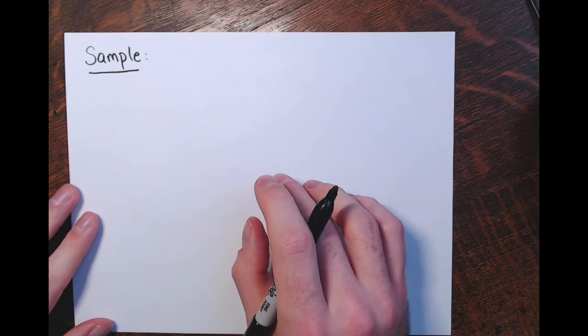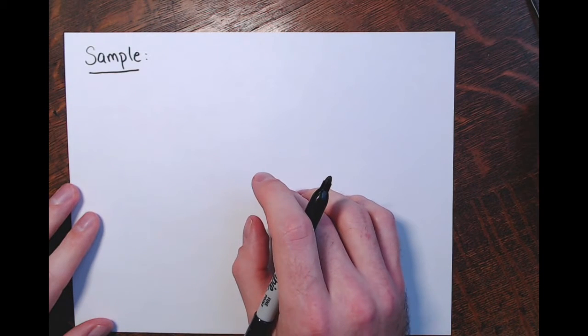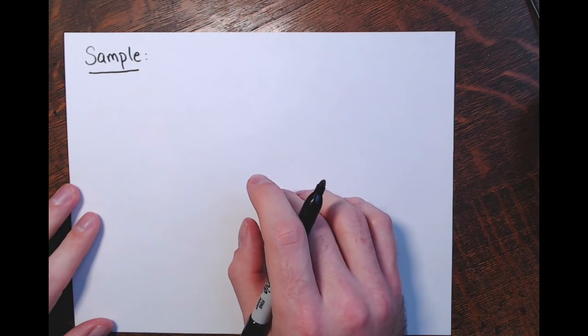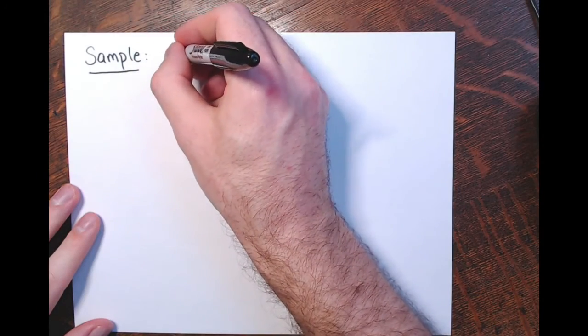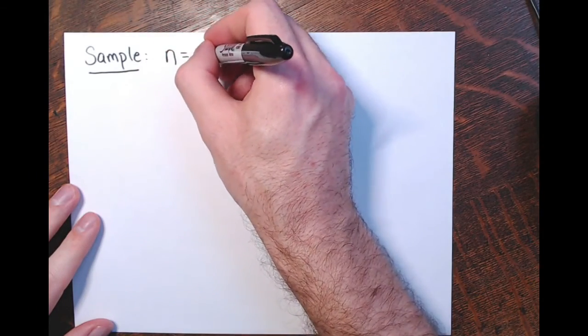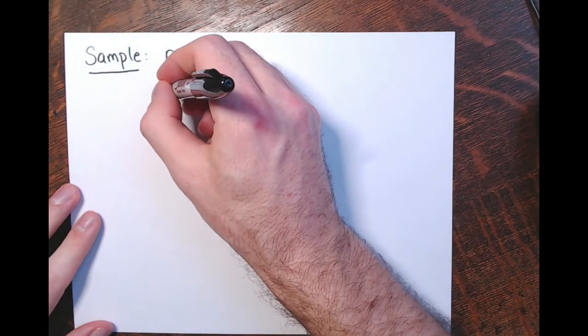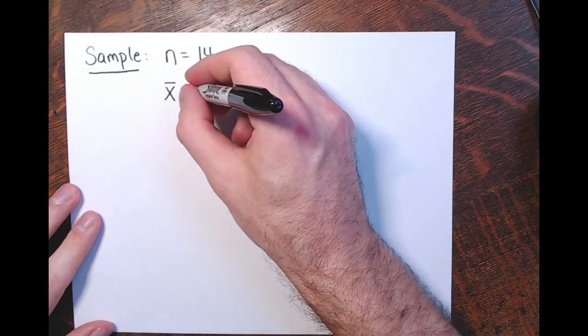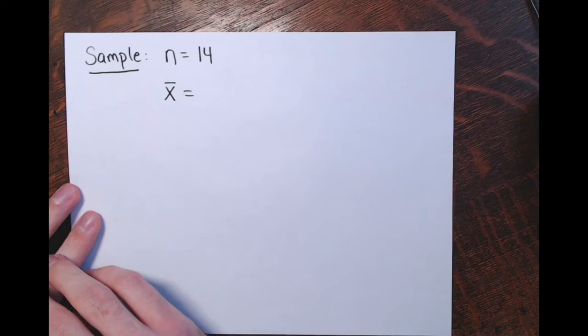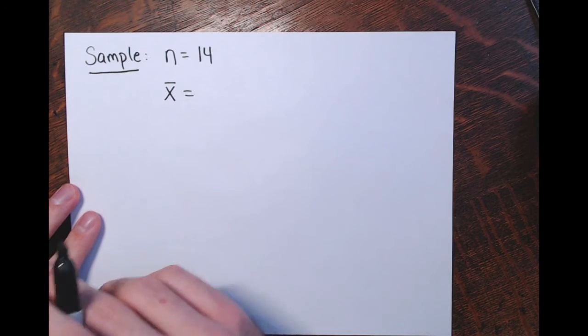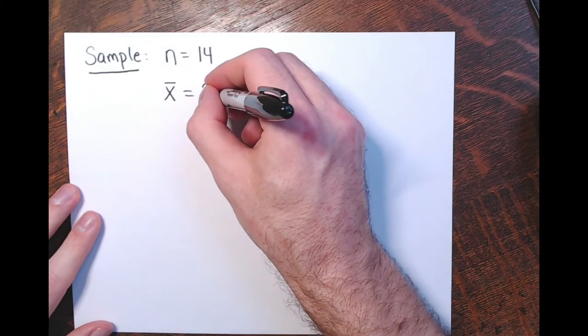Now we're looking at a sample and calculating a test statistic for our sample. The size of the sample was 14. It says she cooks 14 meatballs. And the mean weight of this sample, the x bar, the sample mean weight, was 3.7 ounces.